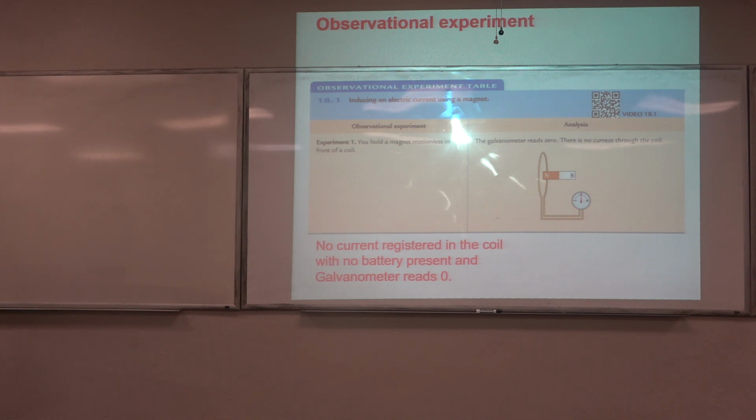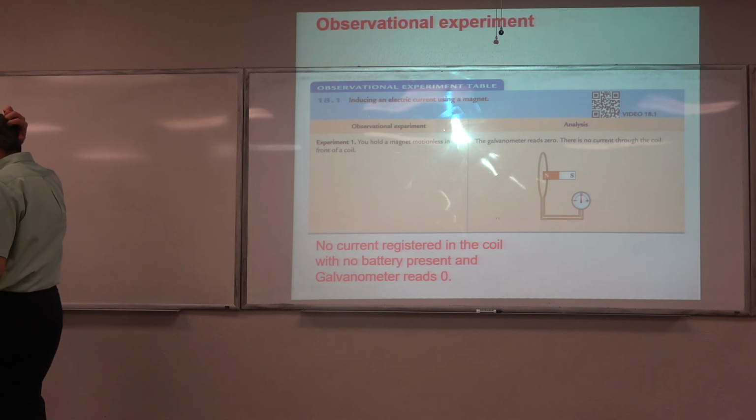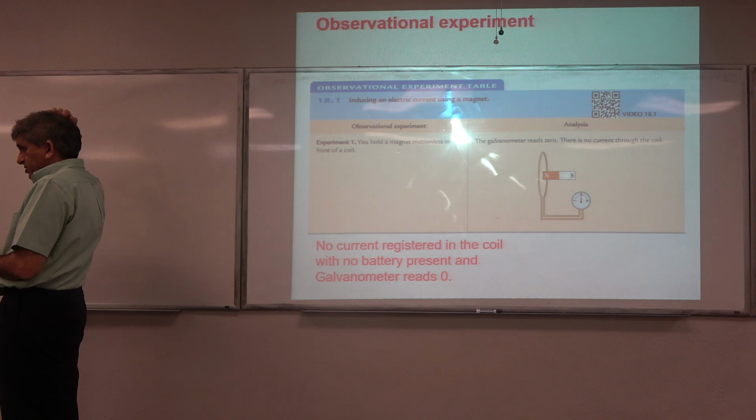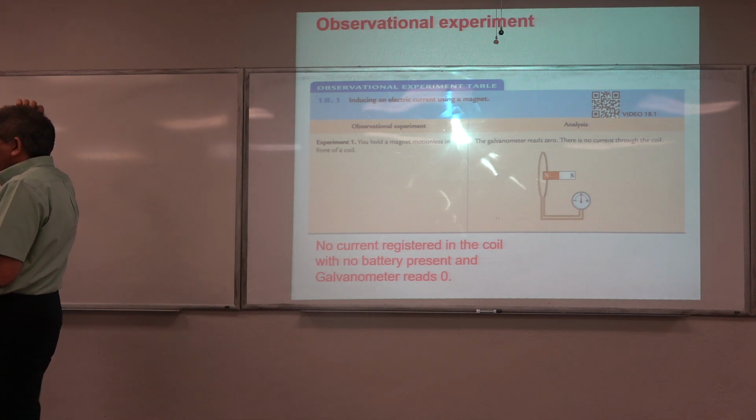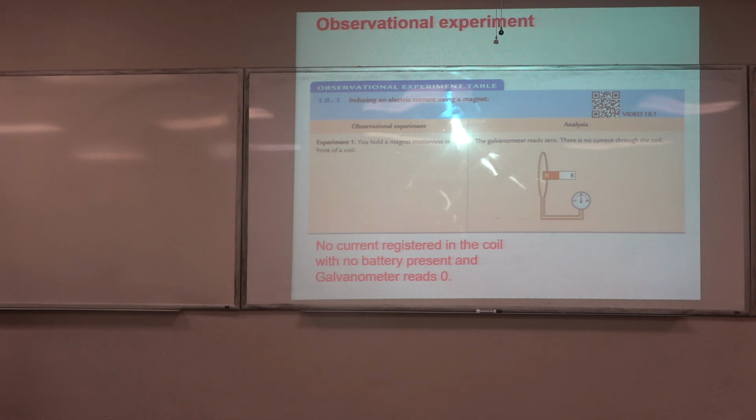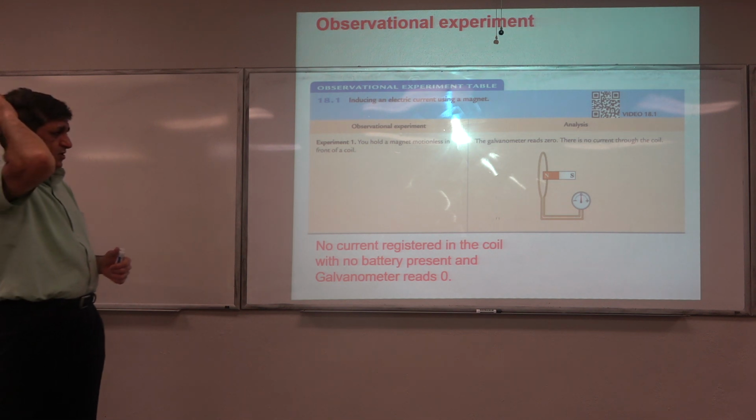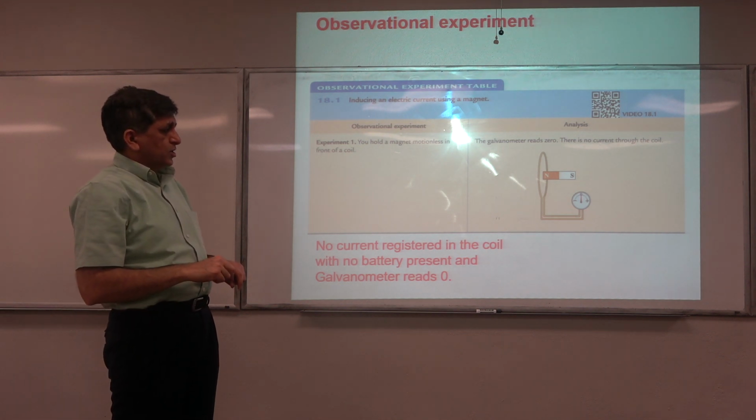Now, here is an experiment. In this experiment, we hold a magnet which is motionless in front of a current conducting coil.